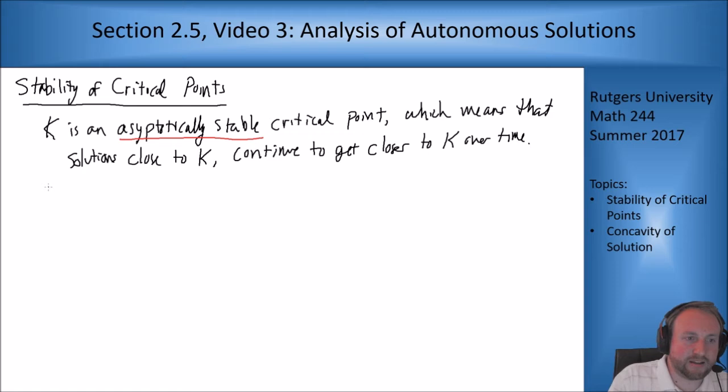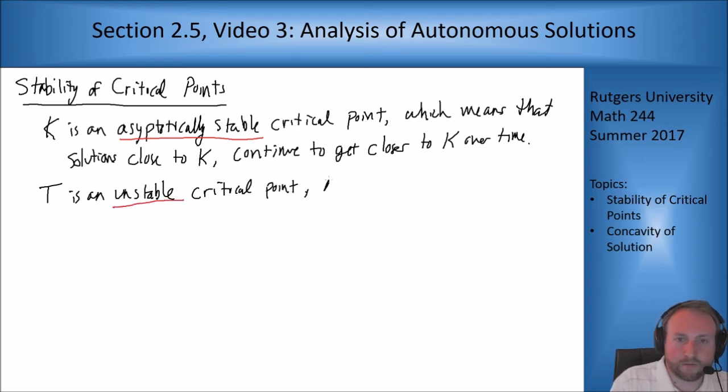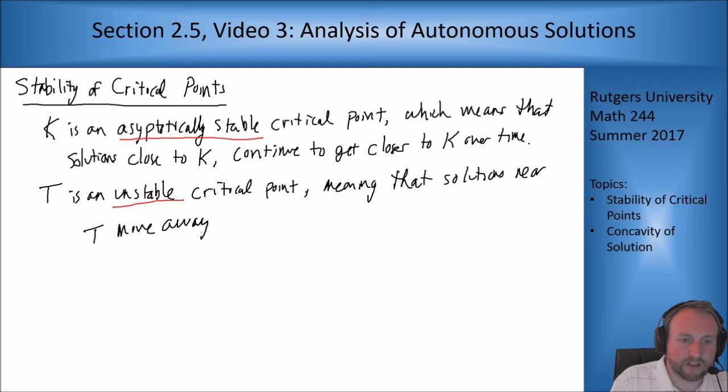On the other hand, t is an unstable critical point, meaning that solutions near t move away from t over time.